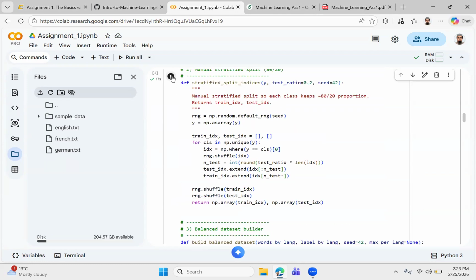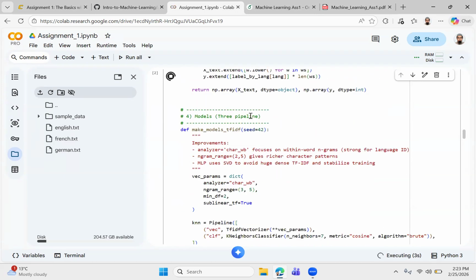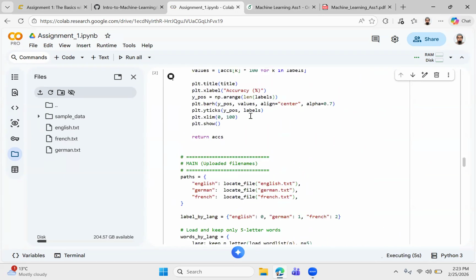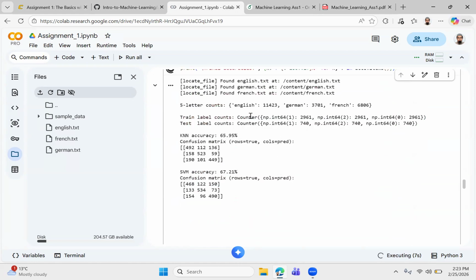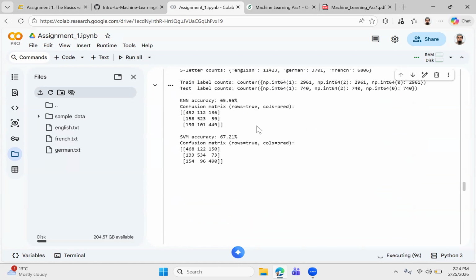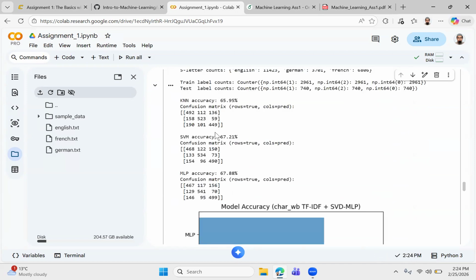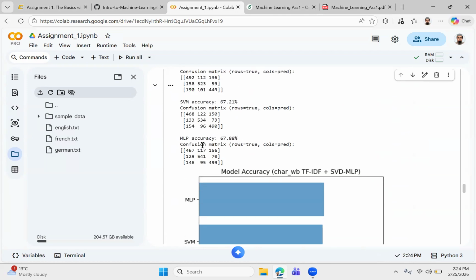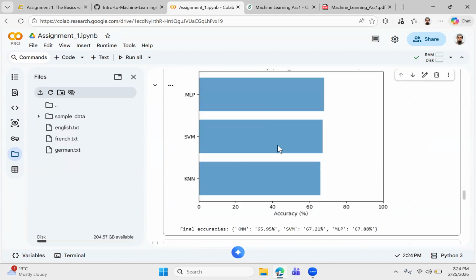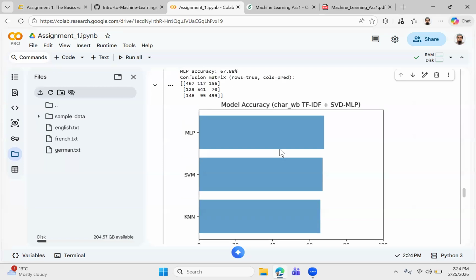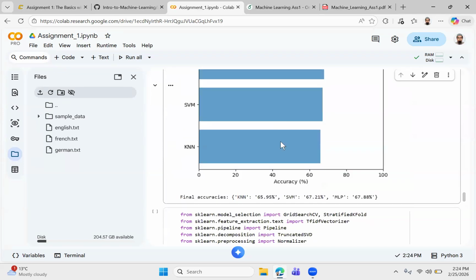If I run this, these are the results: the KNN accuracy, the SVM accuracy, and the MLP accuracy, and this is my accuracy graph, and that's it.